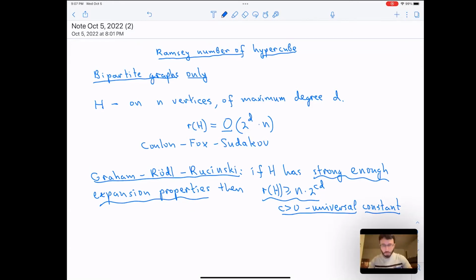In their proof, what they need is that whenever you consider a decomposition of the vertex set of the graph into exponentially many in D subsets, into 2 to the C prime D subsets, say, for some constant C prime which is in a certain way related to this constant C, then for a large proportion of the pairs of subsets, they are well connected.